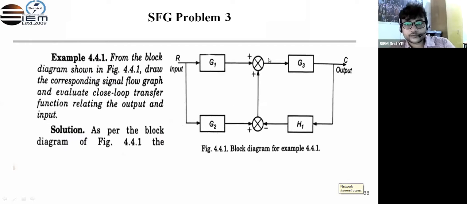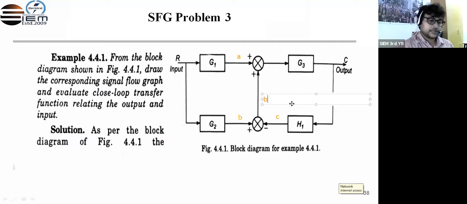What is basically the thing? What is the output here? Suppose this value is A. Okay, this value is B. Okay, this value is C. So what is this value here?